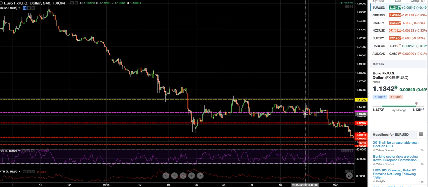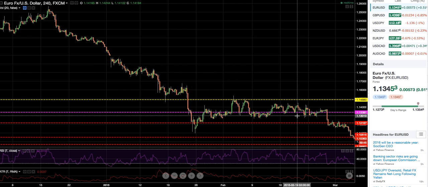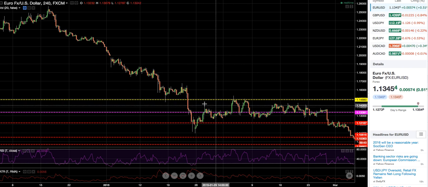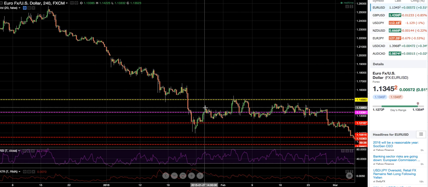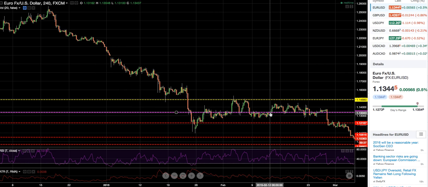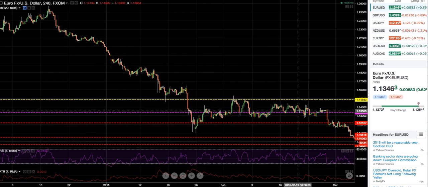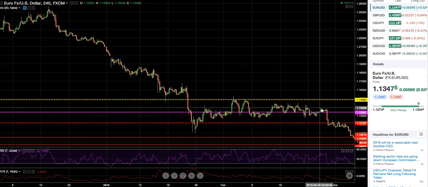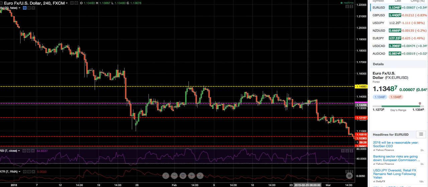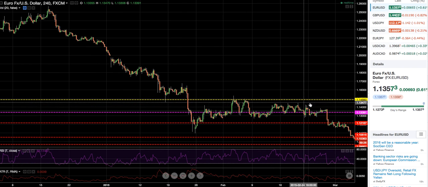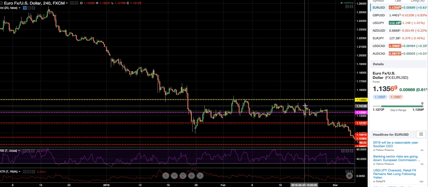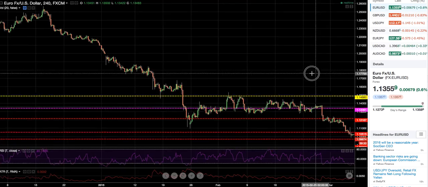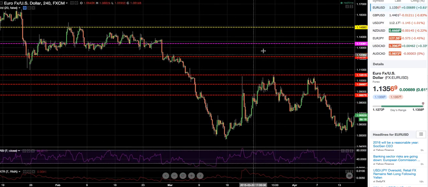We do have some breaks here and there, for example right here where we close above, so a little false breakout action. But all in all, you can see that this is a pretty decent level. When the market breaks above, it starts acting as support. I'm not saying that this is a super good structure level, but nevertheless we do have some structure.